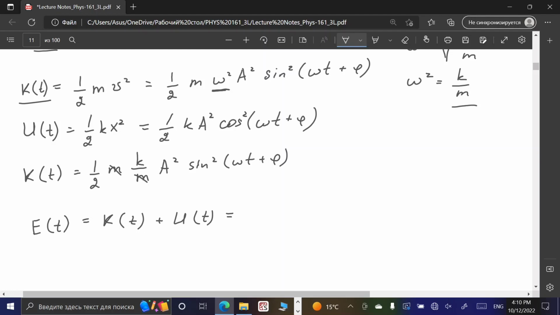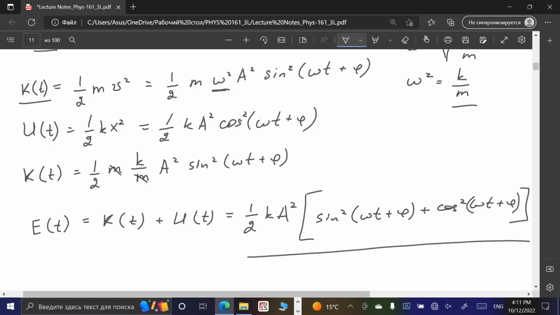So this will be 1/2 k times a squared, our parentheses, and here will be sine squared of omega t plus phi plus cosine squared of omega t plus phi.